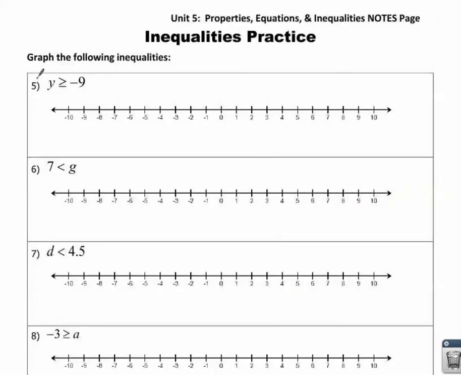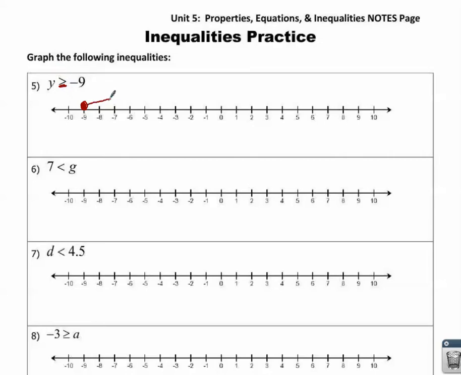Now let's be given the inequality and let's graph it. So my number is -9. So I'm going to put a dot on -9 and it's going to be closed because this is greater than or equal to. My Y, or my shaded region, is greater than or equal to -9.